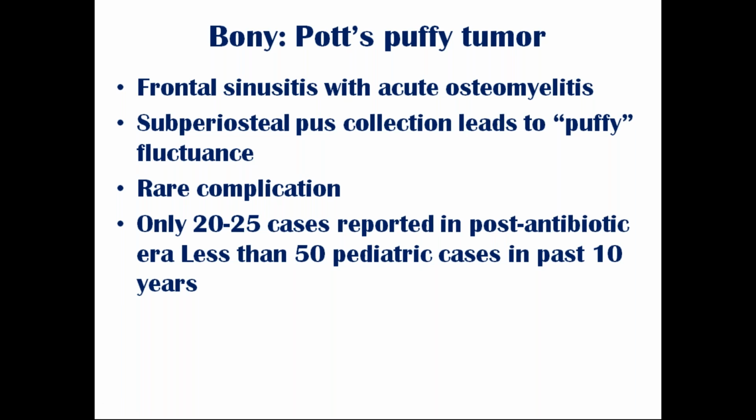Pott's Puffy tumor is most commonly in the case of frontal sinusitis, and there will be acute osteomyelitis of the anterior frontal wall of the frontal sinus, and there will be damage to the anterior frontal sinus wall, which can lead to subperiosteal pus collection, which can lead to the puffy fluctuance. It is a rare complication. Only 20 to 25% of the cases are seen in the post-antibiotic era.